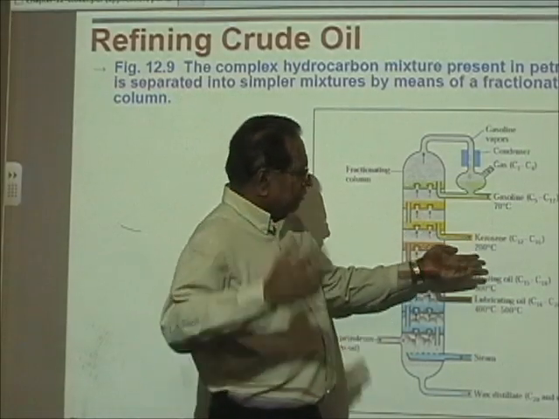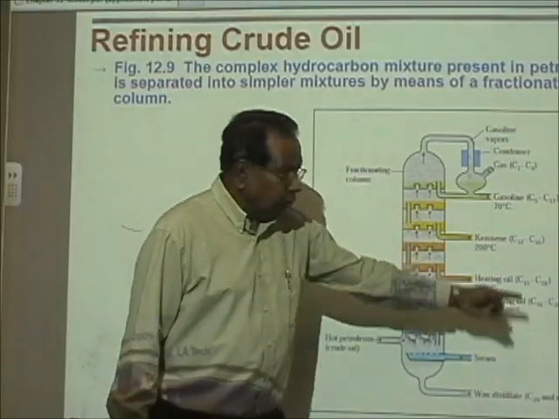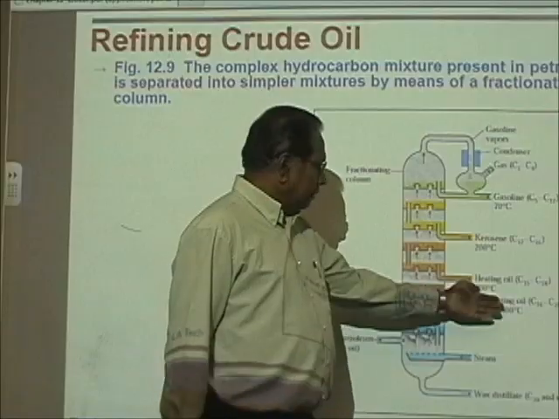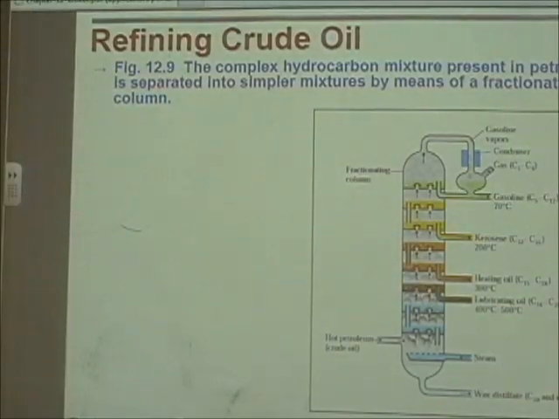Kerosene is 12 to 16. And heating oil is like diesel, that's all these parts. Lubricating oils are more viscous. The mineral oil, the motor oil that you put in vehicles, are hydrocarbons.